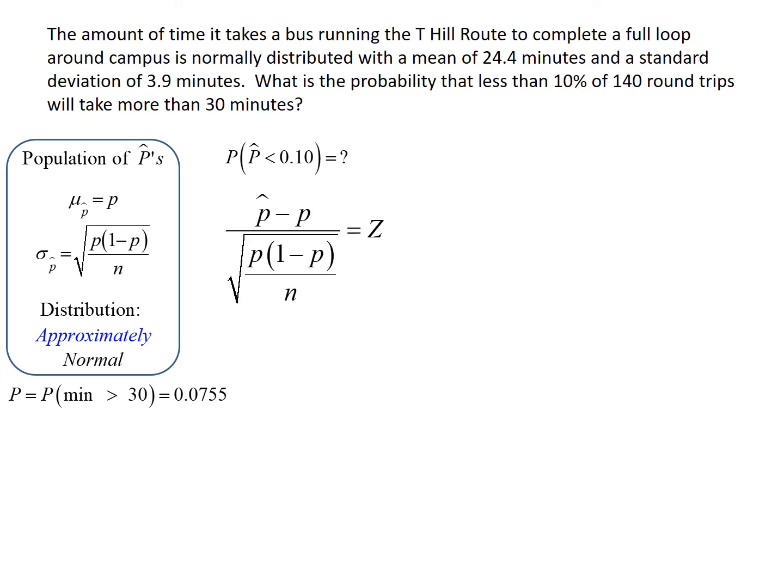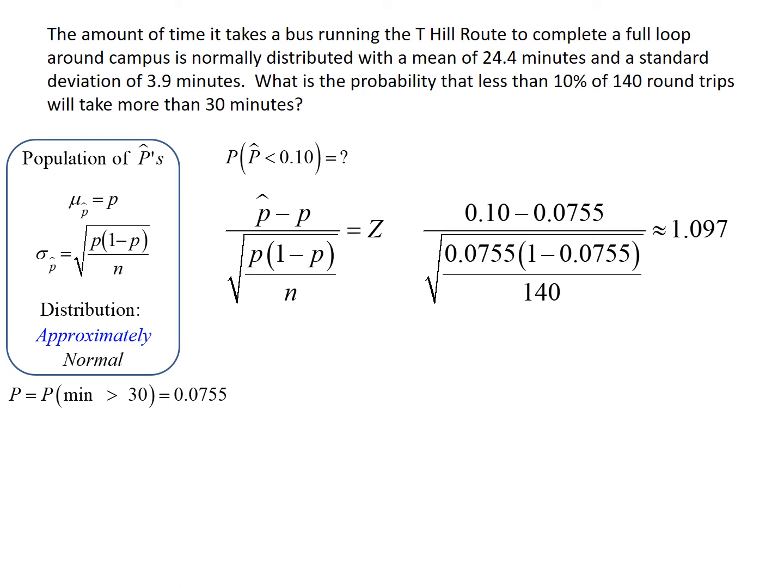And if p hat is approximately normal, this conversion will turn p hat into a standard normal distribution. We wanted the probability that p hat was less than 0.10, so we're going to place 0.10 for p hat. And p and n are still 0.0755 and 140. And so a sample proportion of 0.10 equates to a z-score of 1.097, approximately, with a little bit of rounding.